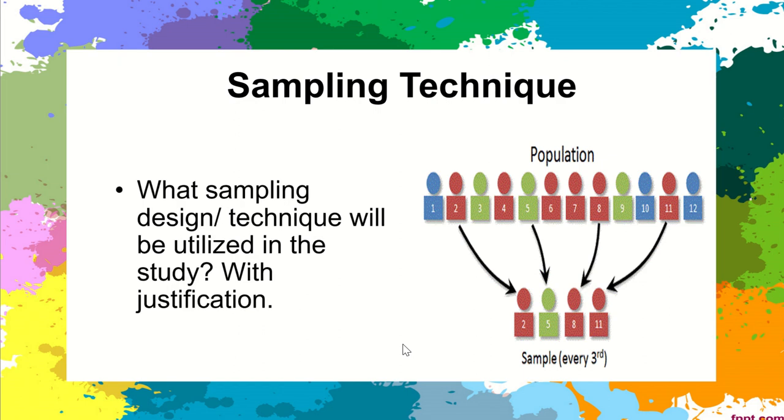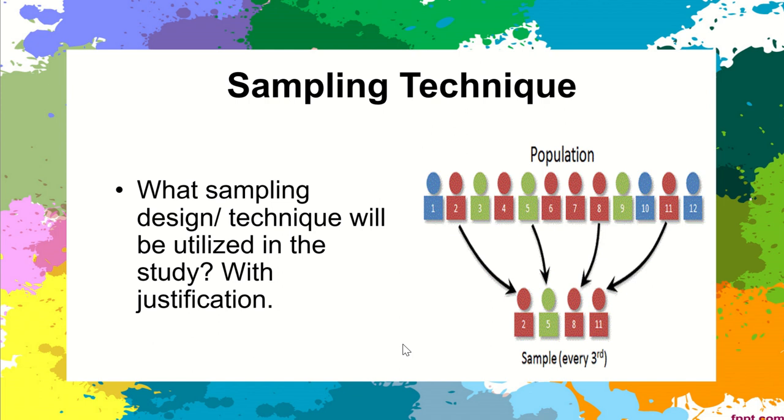Sampling technique. So, what sampling design or technique will be utilized in the study? So, with justification. So, is it, for example, simple random ba yan, or we have different types of sampling technique.